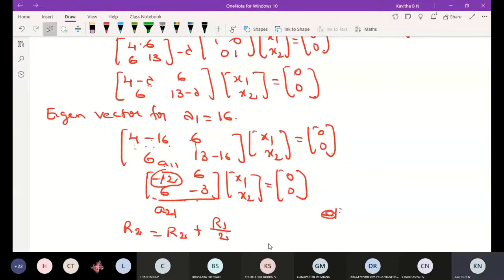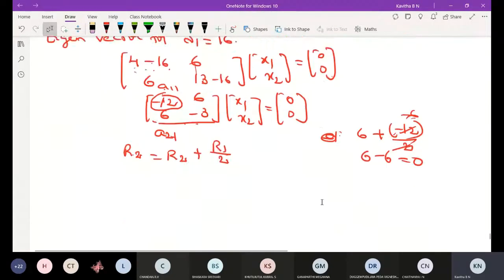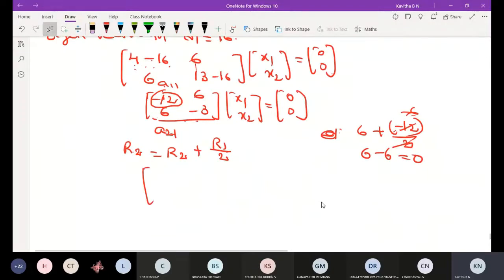R2 is 6 plus R1 is minus 12 divided by 2, that is 6 minus 6 is equal to 0. Here minus 12, 0. Similarly minus 3 plus 6 by 2, minus 3 plus 3 means here 0.